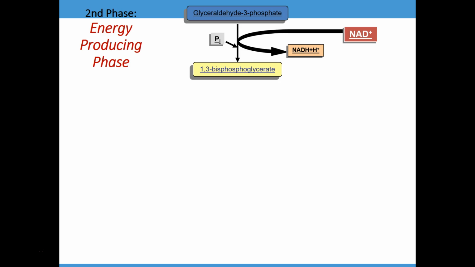In this case, nicotinamide adenine dinucleotide is reduced by receiving a proton, while glyceraldehyde 3-phosphate is oxidized. After receiving another phosphate group, 1,3-bisphosphoglycerate is under a high energy state and it is able to donate 1 phosphate to ADP.